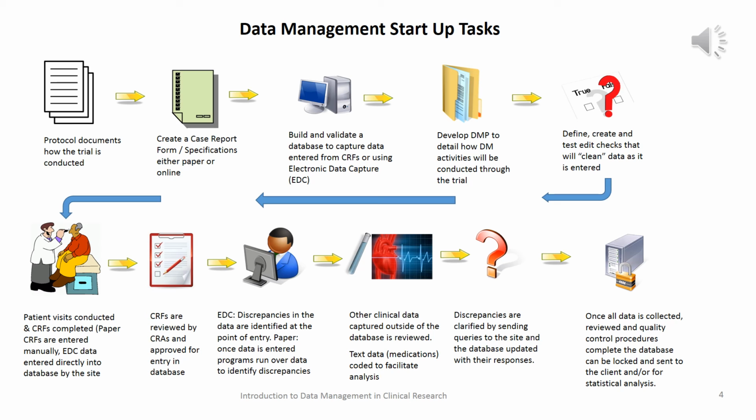So the next thing that's going to happen is once we get our CRF completed, we're starting to build our database, we're going to begin to define and create the edit checks that we're going to use in order to help us clean the data.